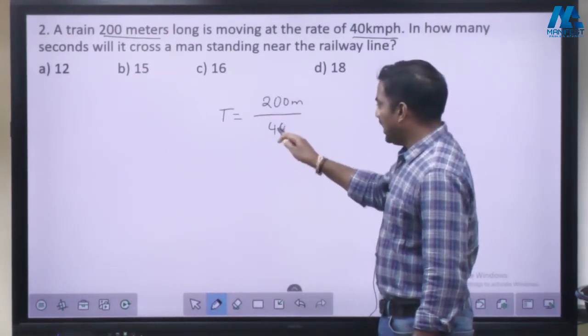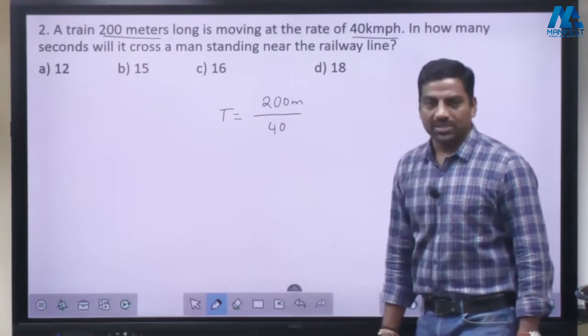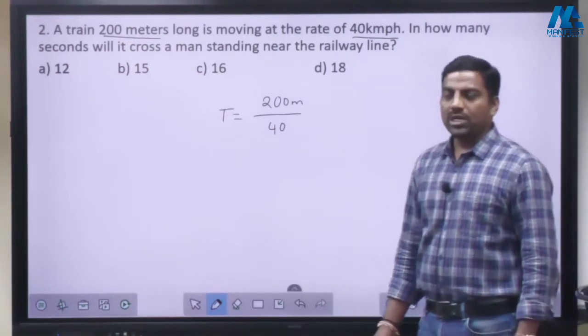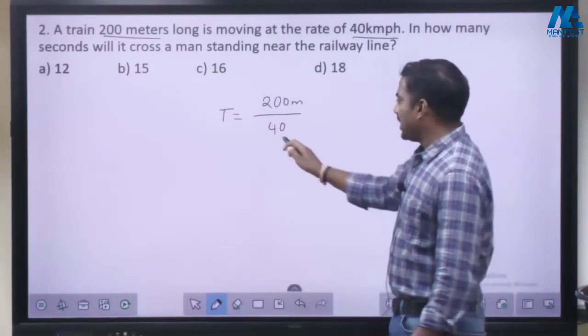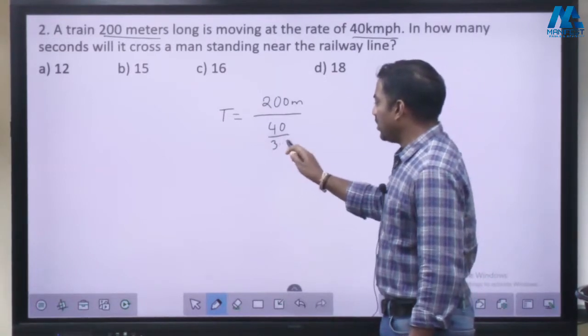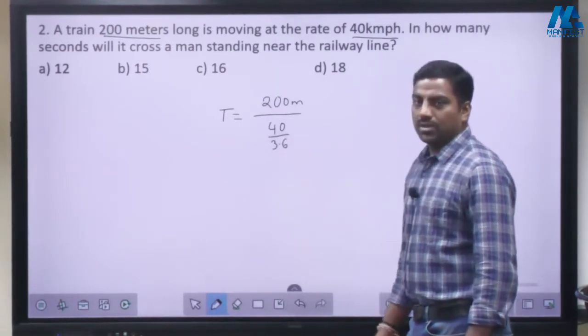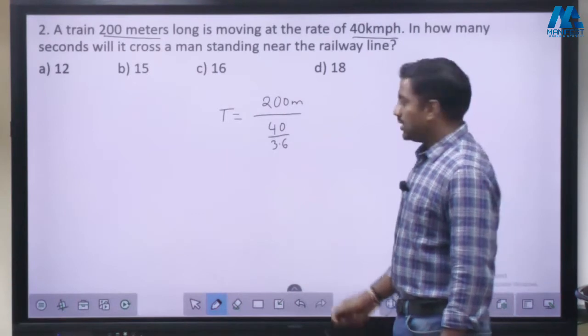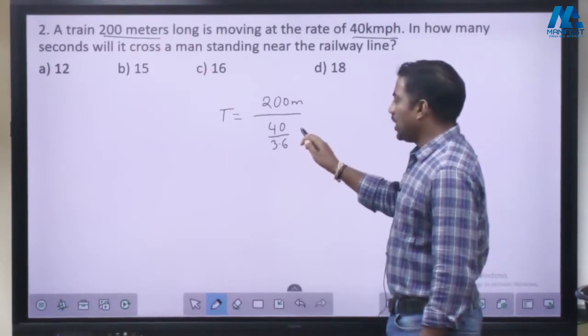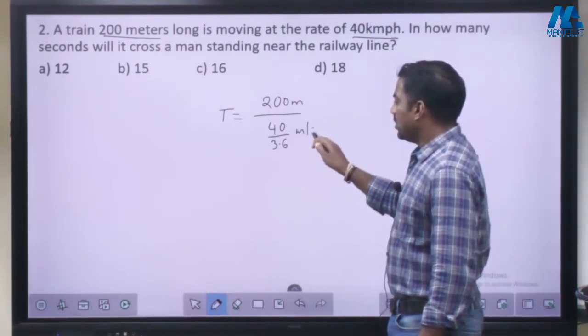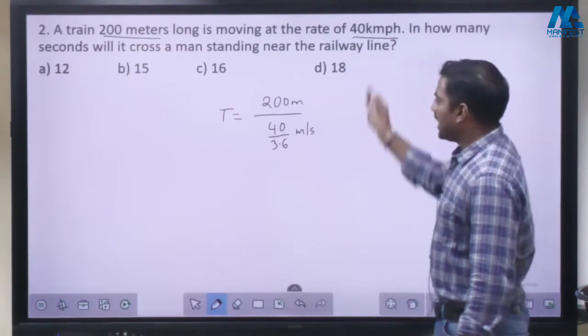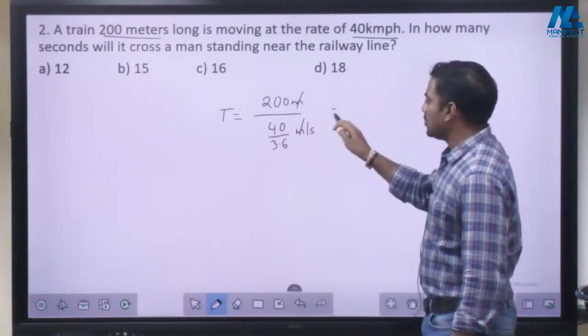40. You put 40, but you have to convert this into meter per second, right? So kilometer per hour to meter per second, we can convert this by dividing by 3.6. So this 40 kilometer per hour will become meter per second. So this second will go up, meter get cancelled.